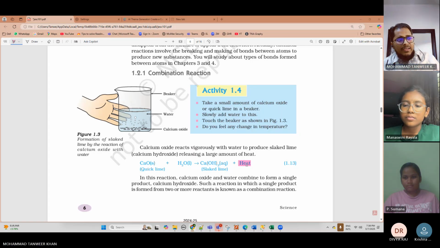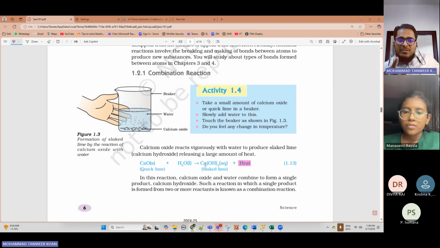Is this a balanced chemical reaction? How many calcium atoms do you have on this side? One. This side? One. Calcium is balanced. How many oxygen atoms do you have on the reactant side?